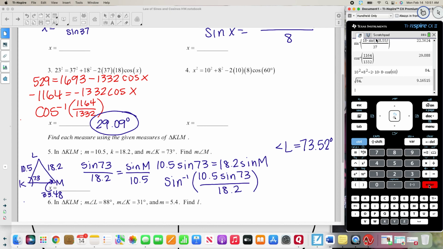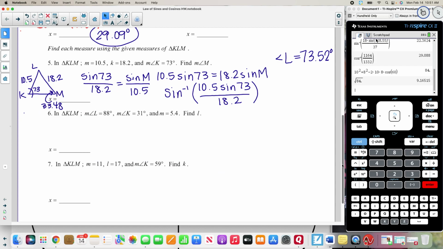So I want you to go to number 6. I would draw a triangle and label it. And then I want you to determine what you're going to use, law of sines or law of cosines. Draw a picture.